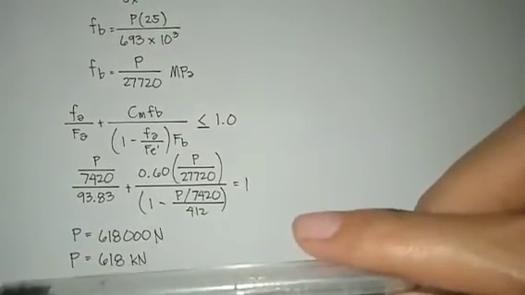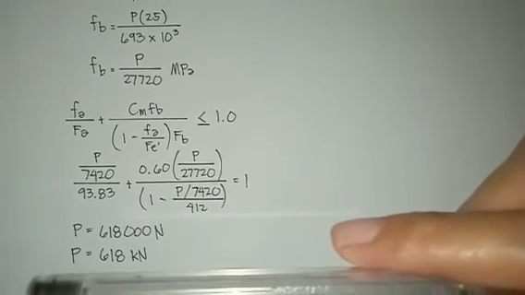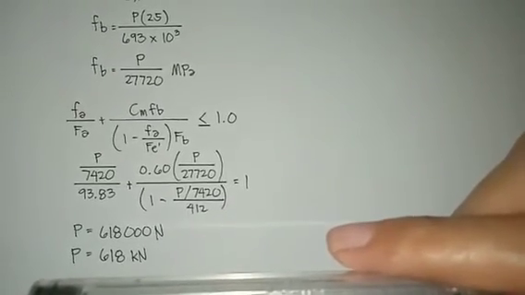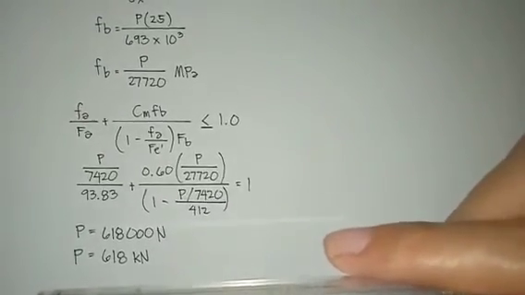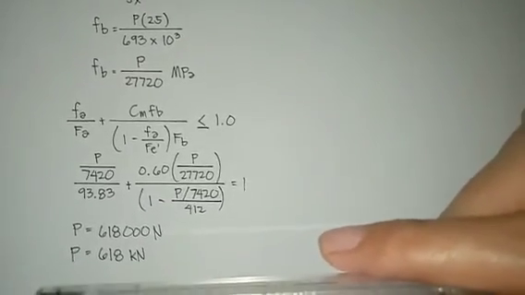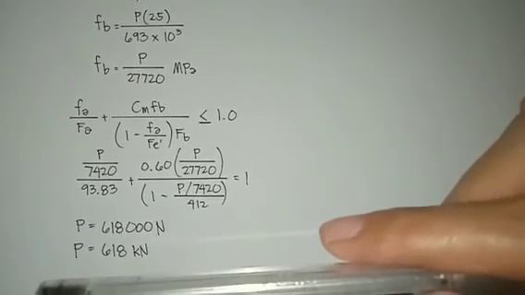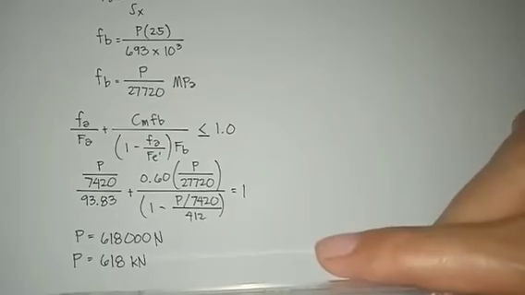So, ato na makuha atong P, which is 618,000 Newton. So, ato i-convert to kilonewton. So, P is equal to 618 kilonewton. Thank you, everyone, for listening.